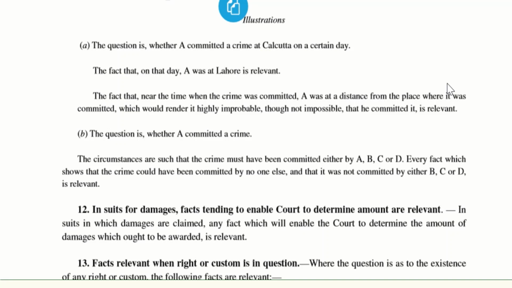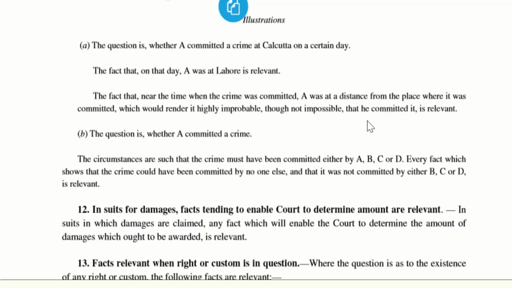Now, let us move to the next example. The question is whether A committed a crime. That is a question which is raised. In that case, they are saying the crime could have been committed by either A, B, C or D. Now, only A is being accused, whereas B, C or D is not accused. So, the fact that except A, no one else could have committed the crime, if there is any fact showing this particular aspect, is relevant.